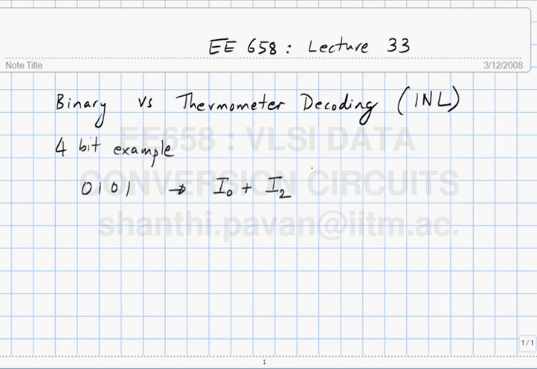And I0 is a random variable with mean I and a standard deviation sigma I. I2 is a random variable with mean 4I and a standard deviation of 2 sigma I.